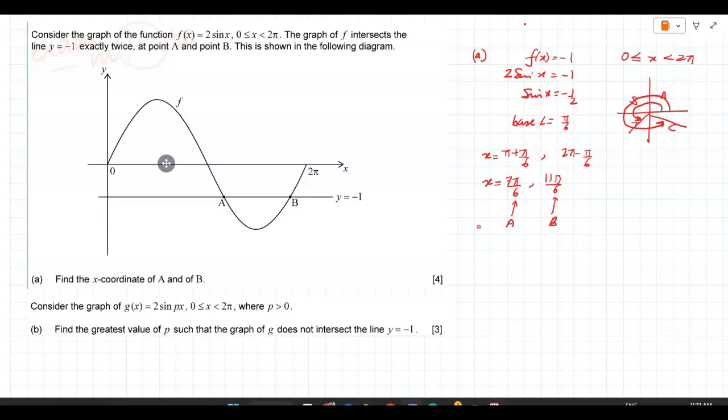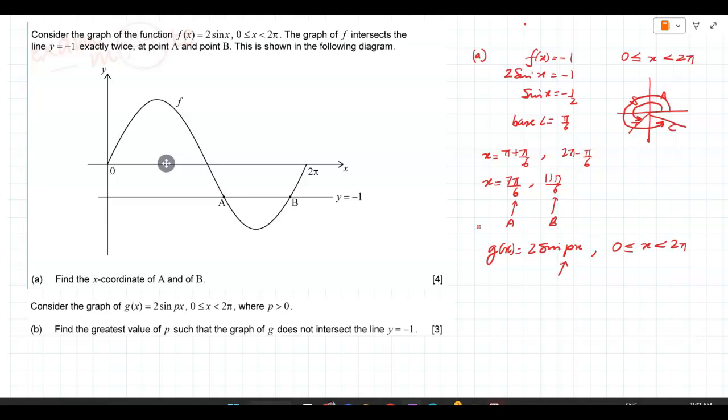Now consider another function g(x) is 2 sin px for the same domain. So what is p? It is the horizontal stretch factor. You forgot?